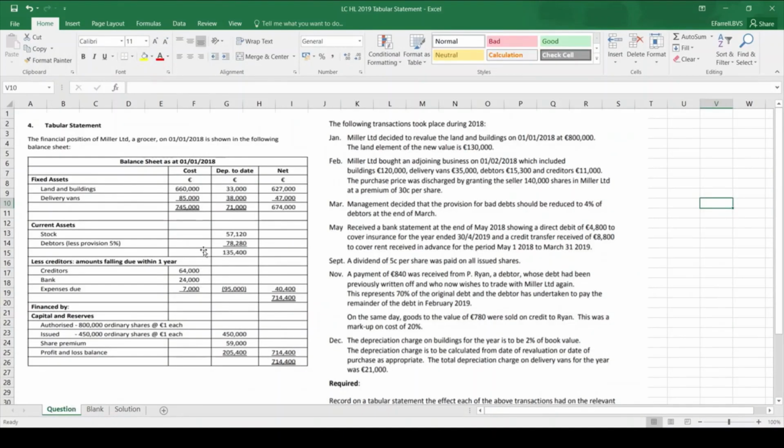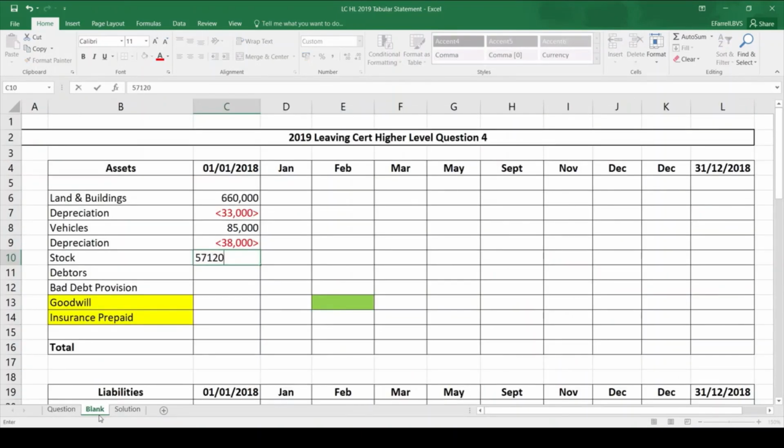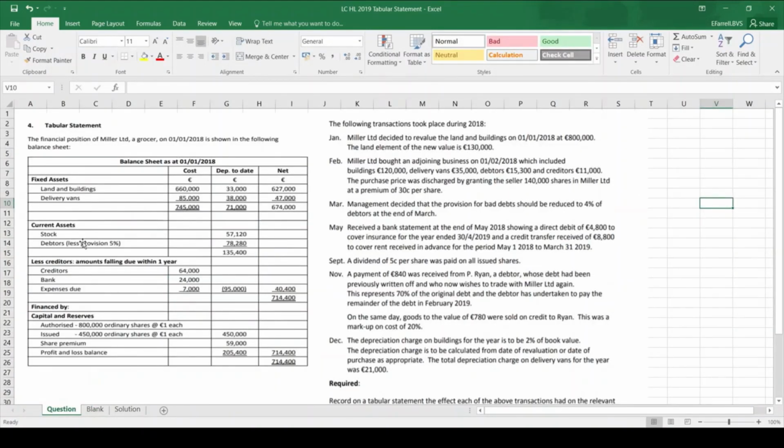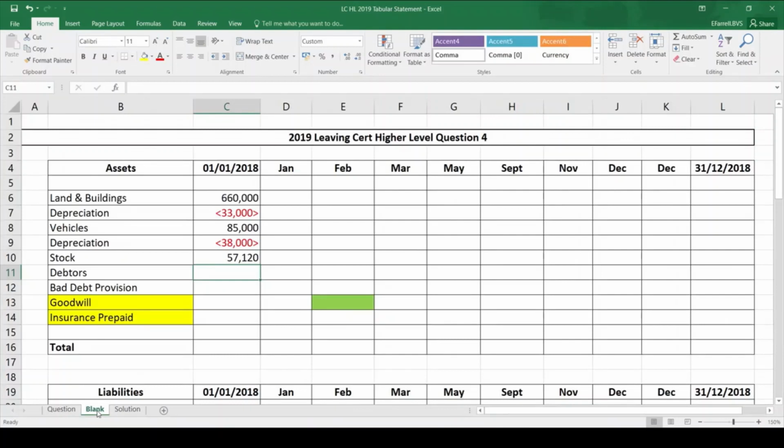Then our current assets will go in. Stock is 57,120. Now, with debtors, the question says debtors less provision of 5% is 78,280. We're going to split that into the actual debtors figure and then take away the provision separately. So this 78,280 is 95% of debtors. To get the full amount of debtors, we divide 78,280 by 95 and multiply by 100, which is 82,400.